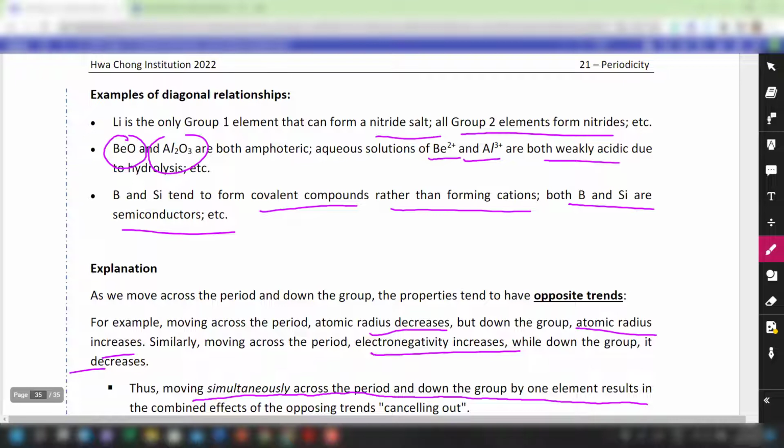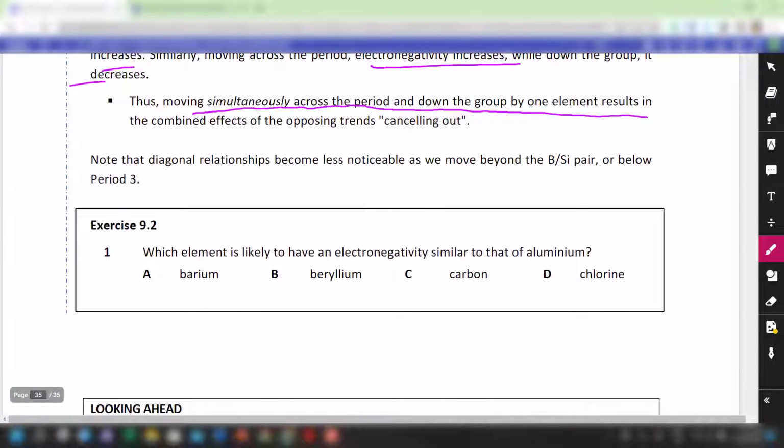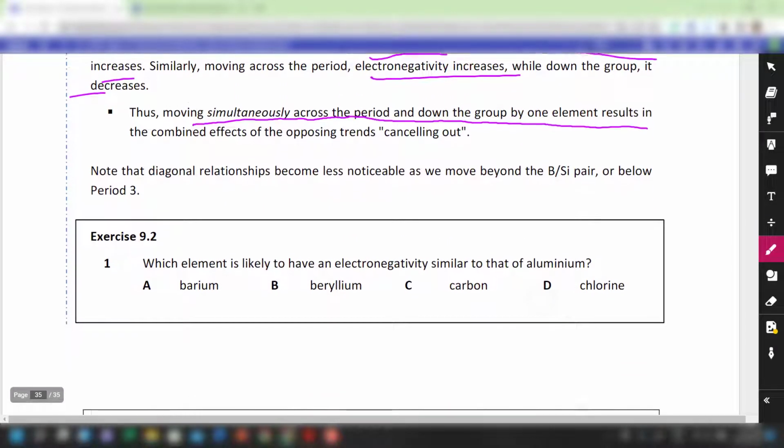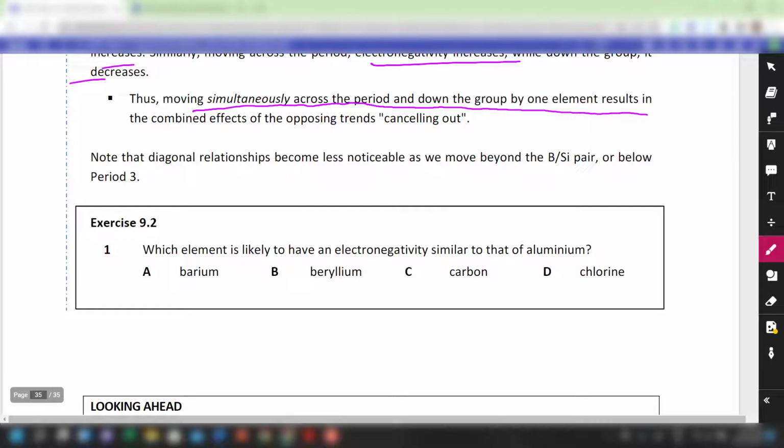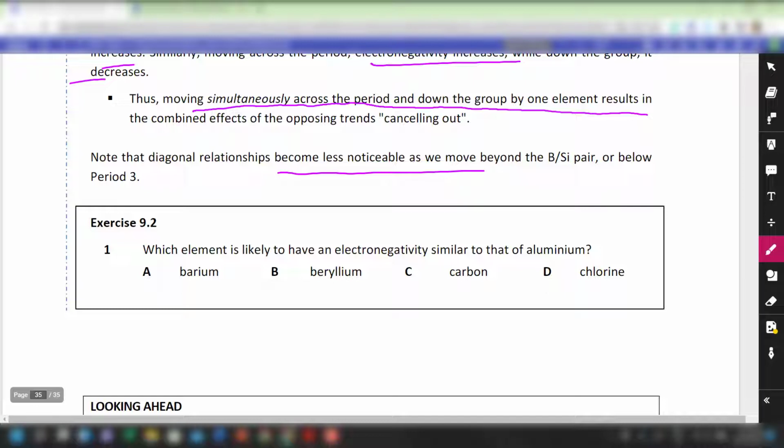We can't cover them in lectures. Do take note that diagonal relationships become less noticeable beyond the boron silicon pair. So do not extrapolate. Only those three pairs are the most noticeable ones.